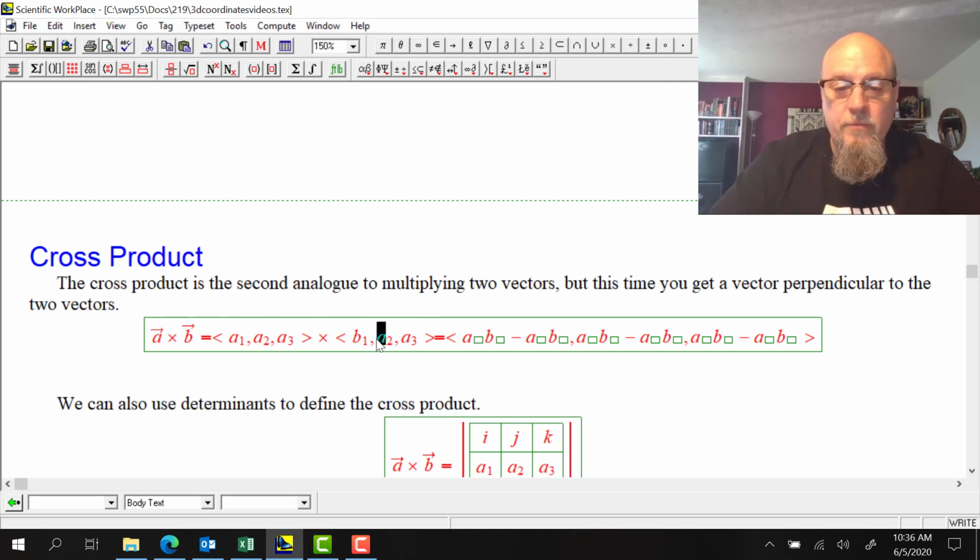So that's the component formula, which has to do with all the components A1, A2, A3 and B1, B2, B3, and they're all AB minus AB.